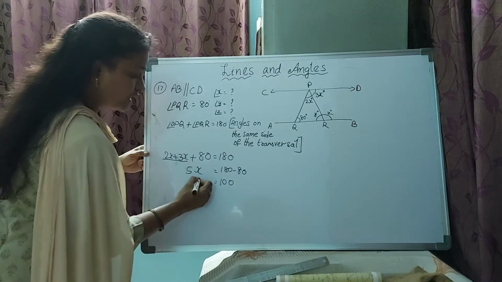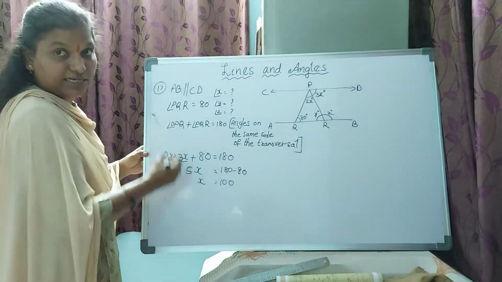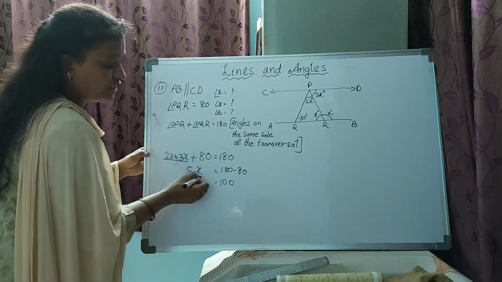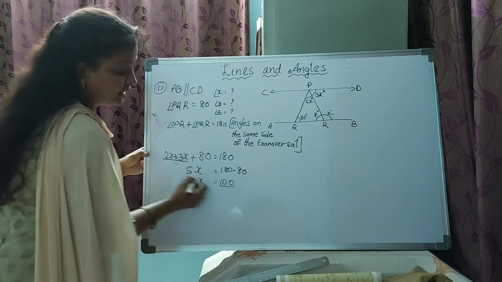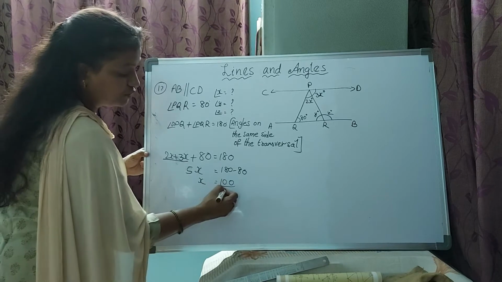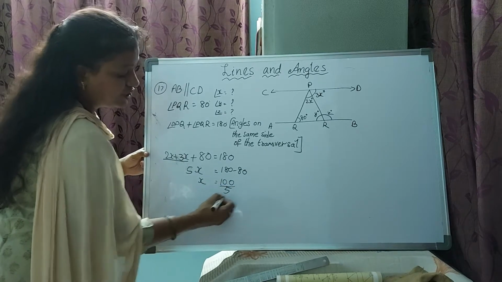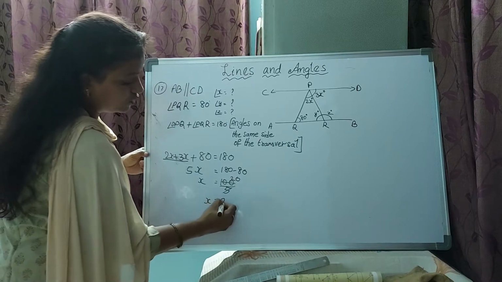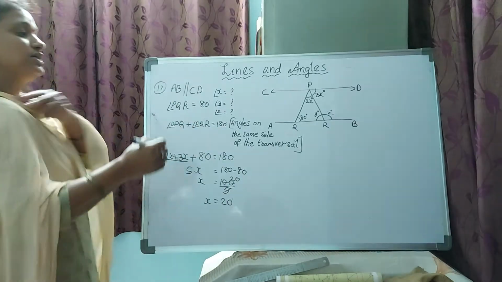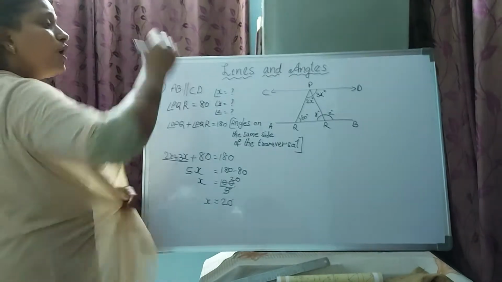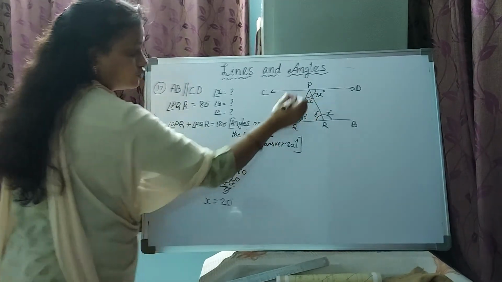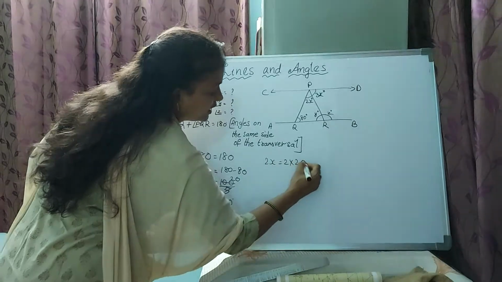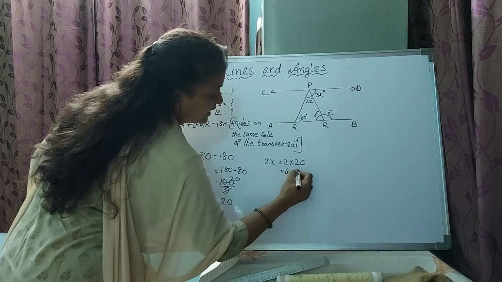If you keep the variable term on the left-hand side and take the coefficient of x to the right-hand side, it was multiplying, so when transposed it divides. So 5 twos are 10, 5 zeros. So x is equal to 20 degrees. What about 2x? 2x is 2 into 20, that is 40 degrees.